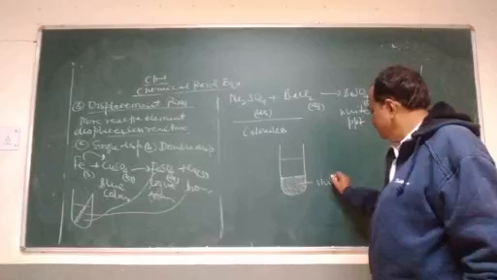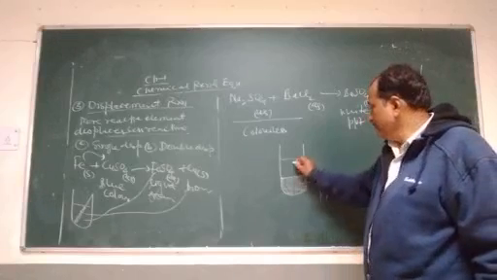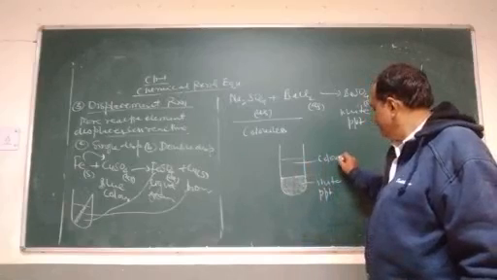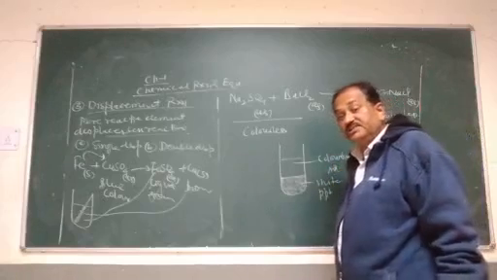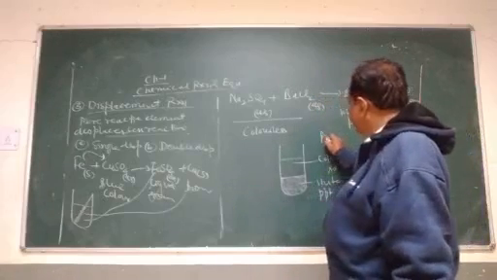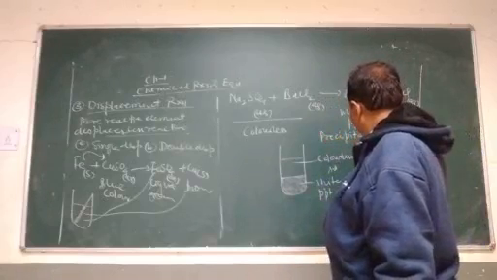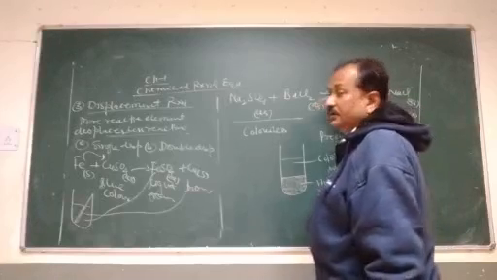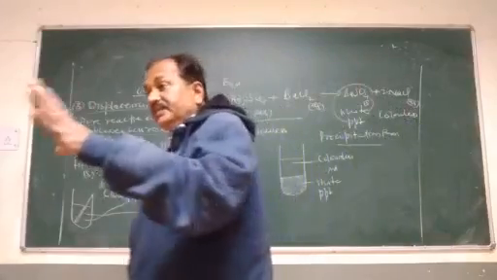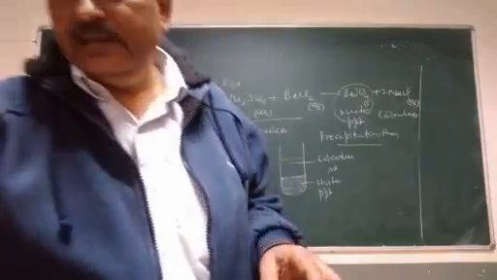It becomes white precipitate, and this is a colorless solution. So this is a precipitation reaction. And this is called as precipitate. So precipitate is always insoluble.